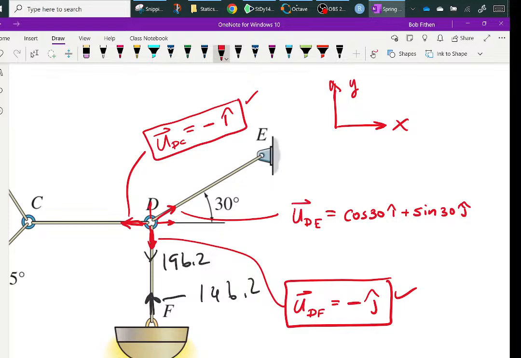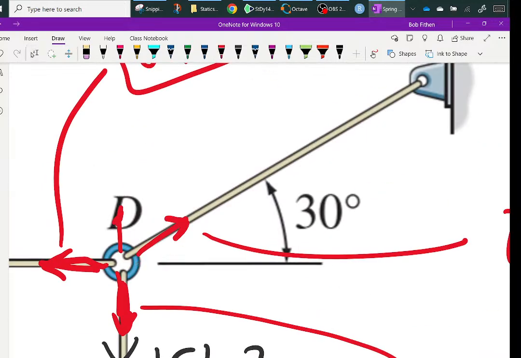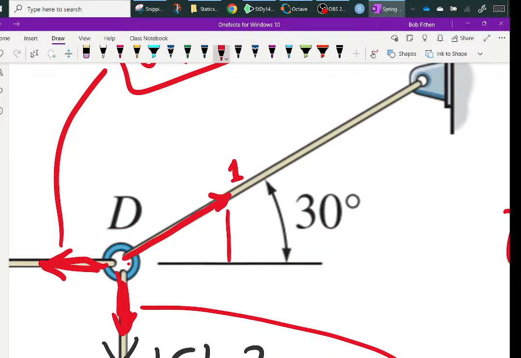So let me focus on that one a little bit more by zooming in, and apparently that's as much as I can zoom in. So let's say that's a unit vector. So this is of length 1. That means we want to find the component here, which just happens to be 1, the length of this vector here, times cosine 30.